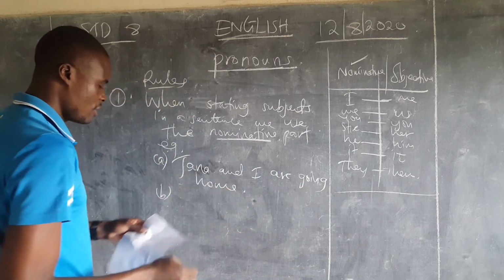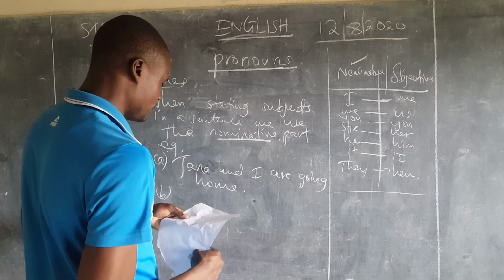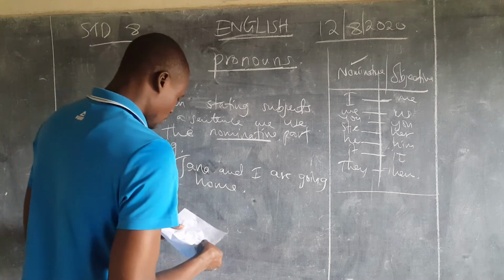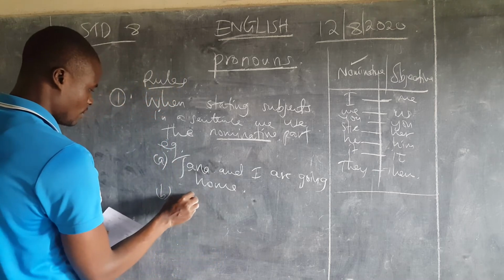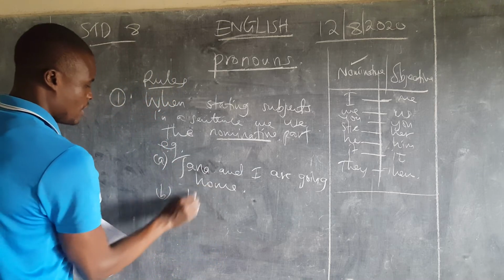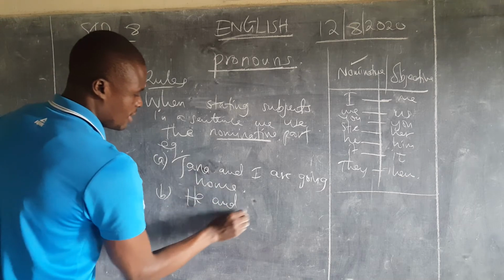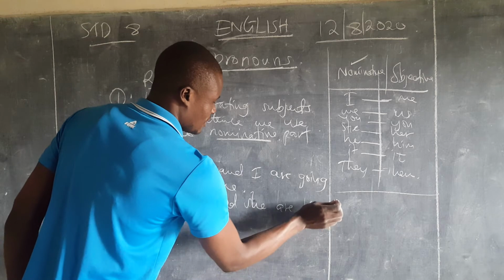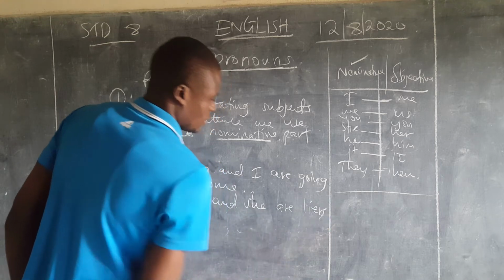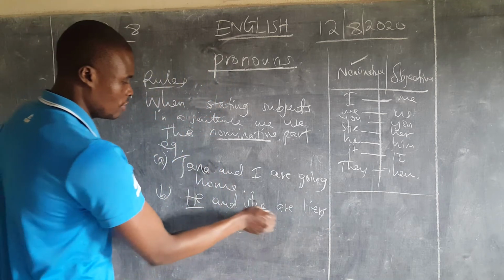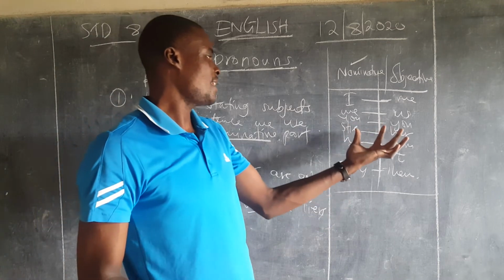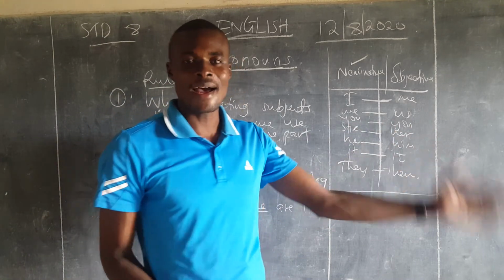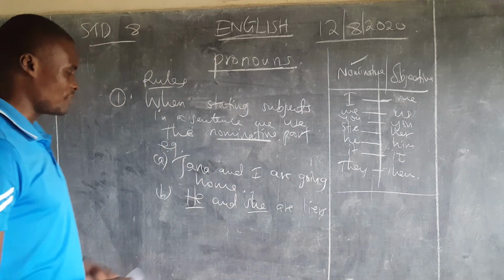B. You can also say he and she are liars. He and she. You can't say him and her, or her and him are liars, no?